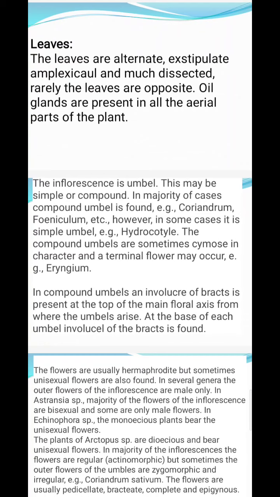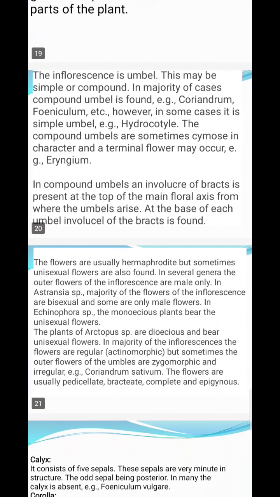In that, younger flowers are at the middle and the older flowers are at the sides of this umbel. In the compound umbel, there is an involucre of bracts present at the top of the main axis, from which the umbel arises. So these are regarding the inflorescence.